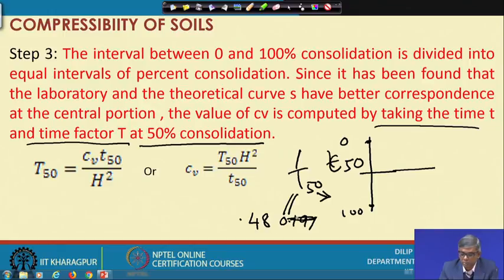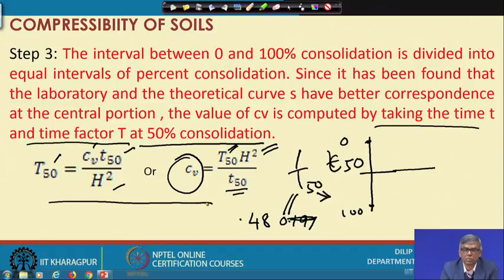If I do not know the value, I can write T 50 equal to CV t 50 by H square. Ultimately CV is unknown, because this can be obtained from the relationship: H is the length of the drainage path, which if single drainage is equal to the thickness of the sample, and if double drainage is half the thickness of the sample, and t 50 is to be obtained from the graph. So, this is the way one can find the CV.